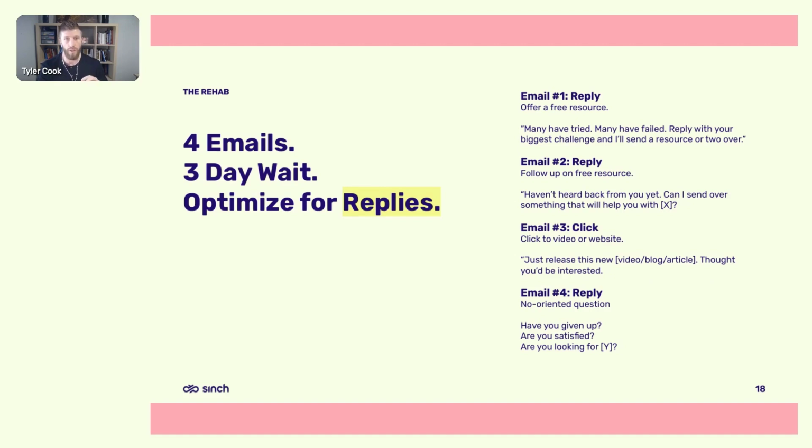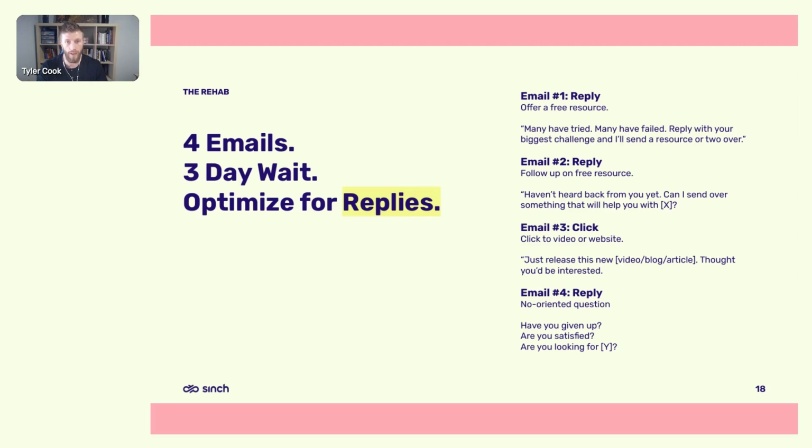So for email 1, in the projects that we work on, we typically offer some sort of free resource, and we position it like: many people have tried this before, many have failed at it. Reply with your biggest challenge around X topic, and we'll send over a resource. So what you're doing is trying to prompt that reply, because that reply is like digital gold when it comes to inbox placement.